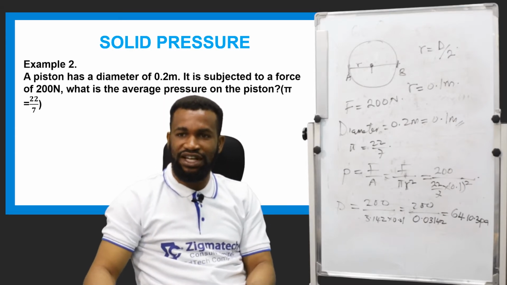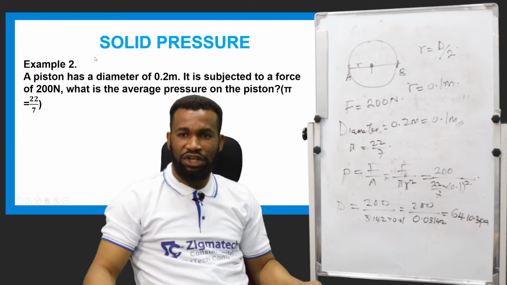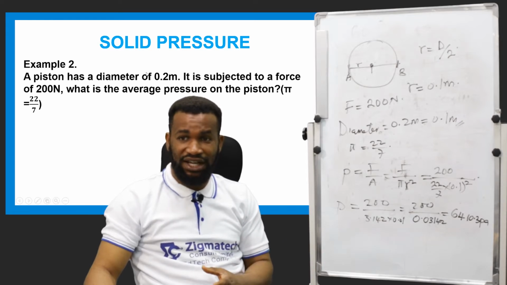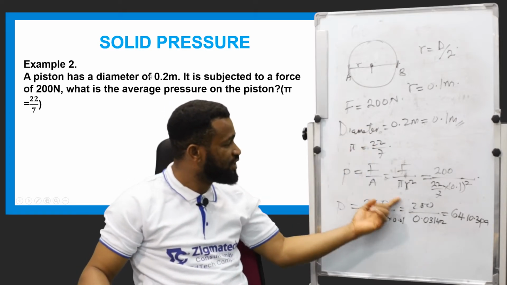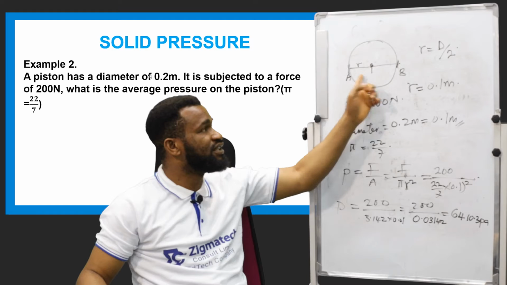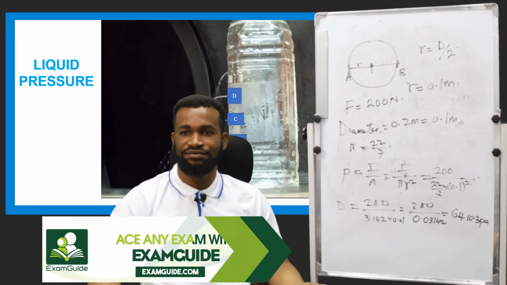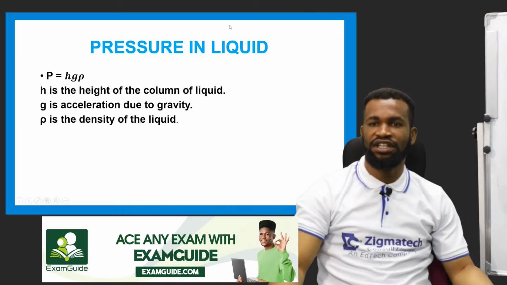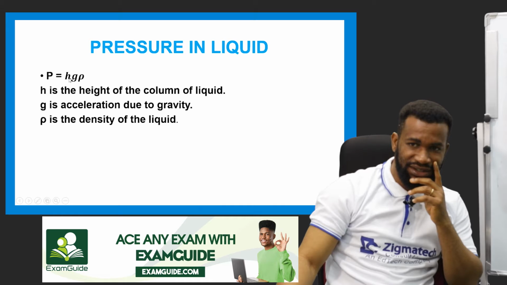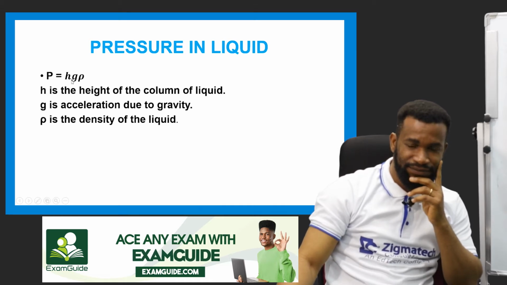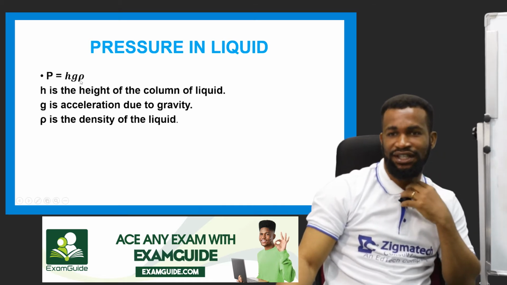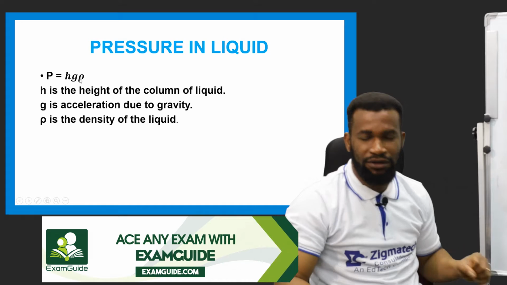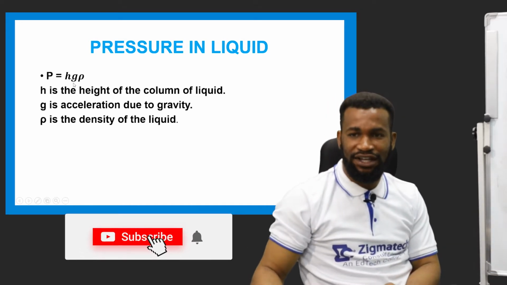So you always consider the object given, the piston and the diameter, and that led me to use this area, which is pi r squared, because it is a circular object. When we talk about pressure in liquid, we are considering this height, g, and this density. Now, everything has a reason.